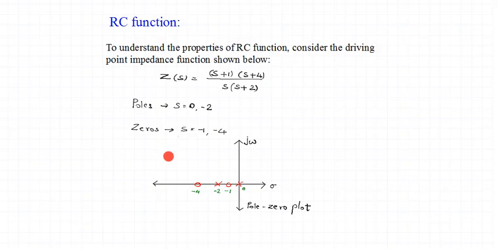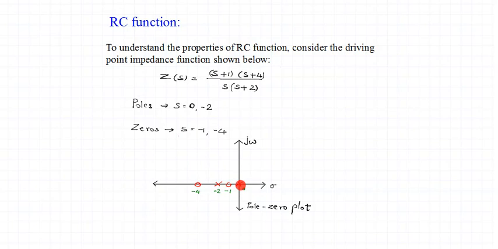Now let us plot the poles and zeros. So after plotting the poles and zeros, this is the pole zero plot we get. This is the S-plane. In the S-plane, the real part is sigma, the imaginary part is j omega. So the poles 0 and minus 2 are located here. This is the first pole. The poles are labeled with a cross symbol.